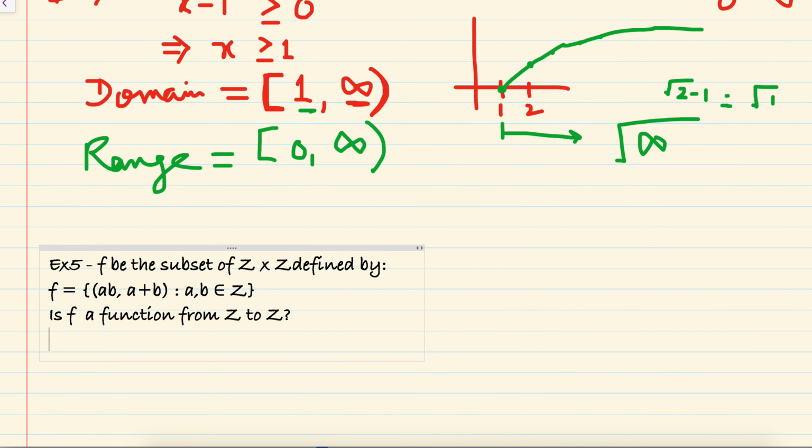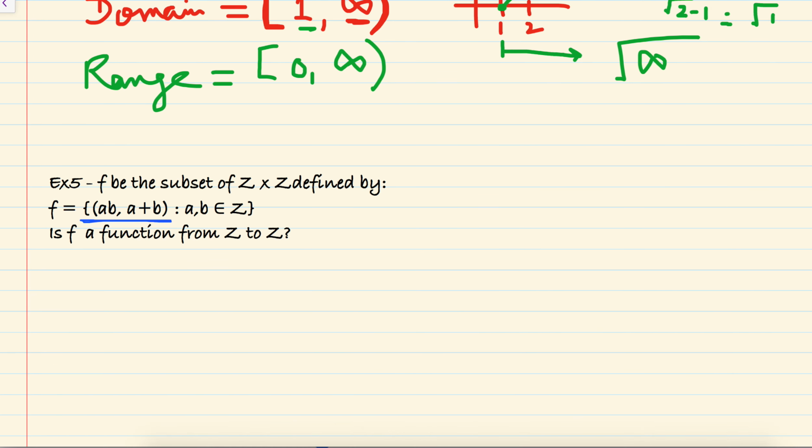So we are given a relation which is defined by this. So it's in the set builder form. So let's pick two integers, say 3 and 2.